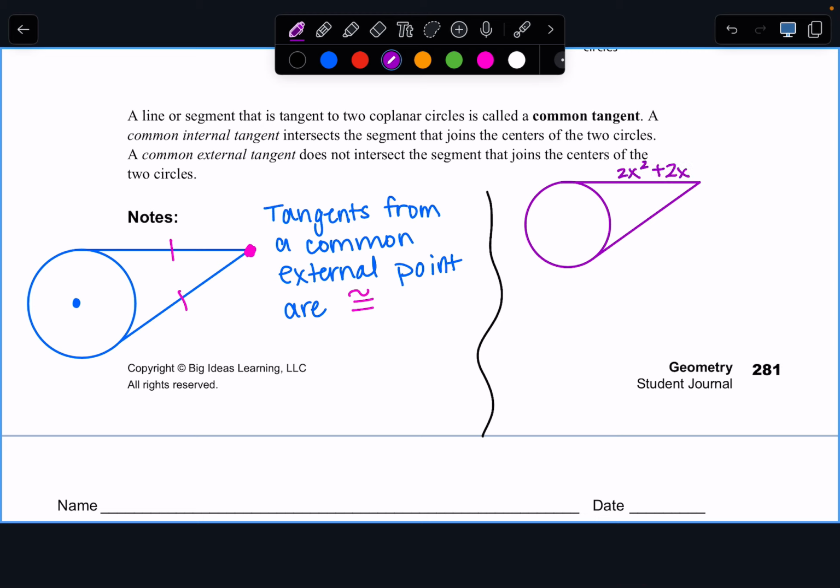If the tangents intersect outside the circle at a point, then you just said that was equal? Oh, so if we have this picture, like we do in purple, Jack said, we just set them equal to each other. Yes, that is exactly what we need to do.